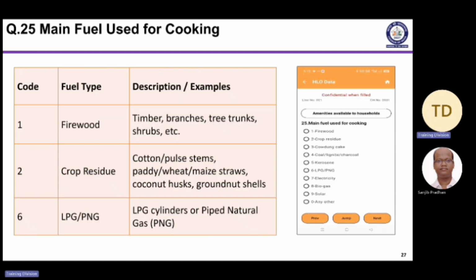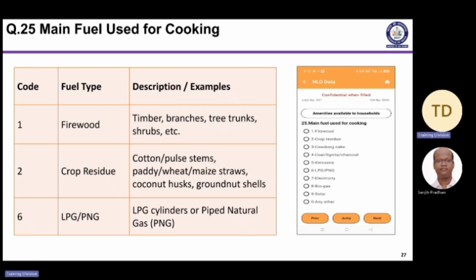Firewood means the timber of a tree, branches, tree trunks, shrubs, etc. Crop residue includes cotton or pulse stems, paddy, wheat, maize straws, coconut husk, groundnut shell, etc. According to the local context you can explain with the relevant tree. In Kerala, we will say that a coconut trunk is firewood and coconut husk is crop residue.